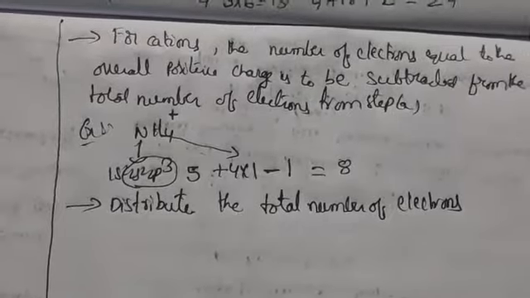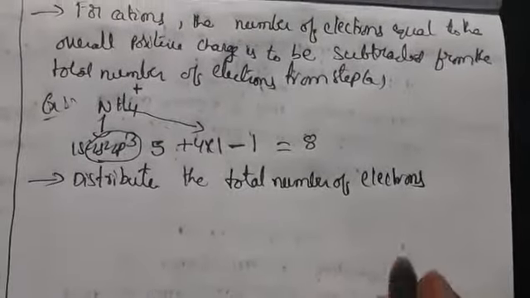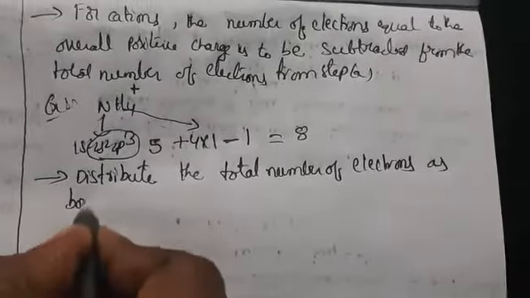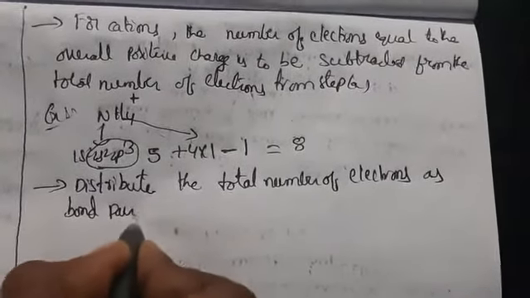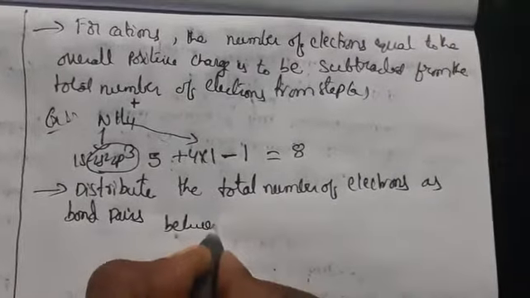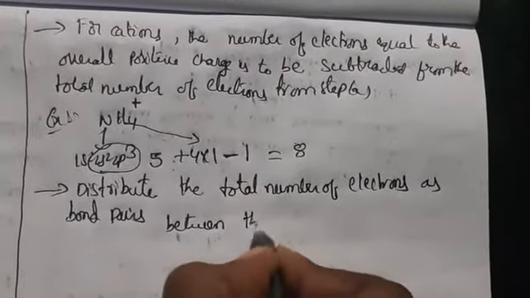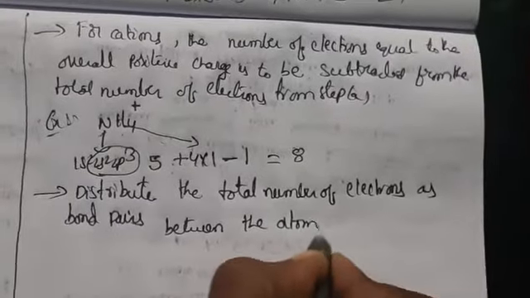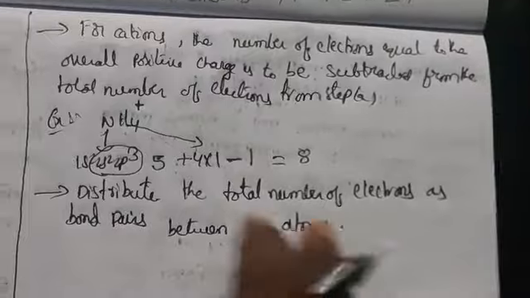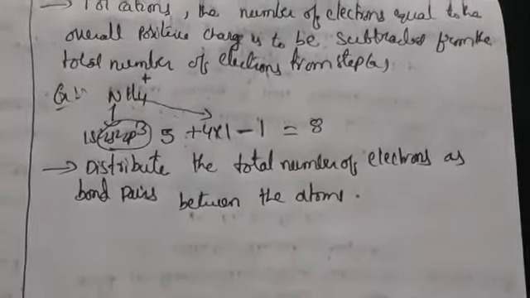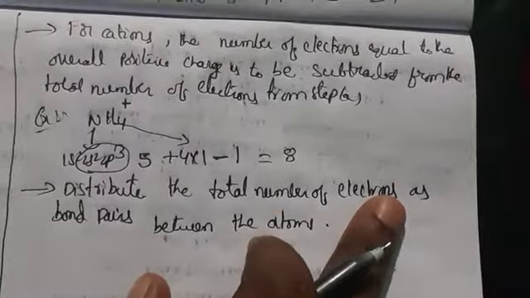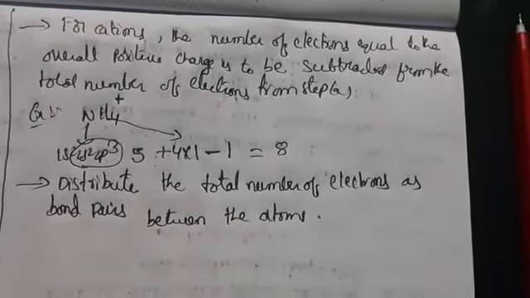First we have to distribute the total number of electrons as bond pairs between the atoms. For this, the skeletal structure of the compound is known or presumed. So what I have told is to distribute the total number of electrons as bond pairs between the atoms.